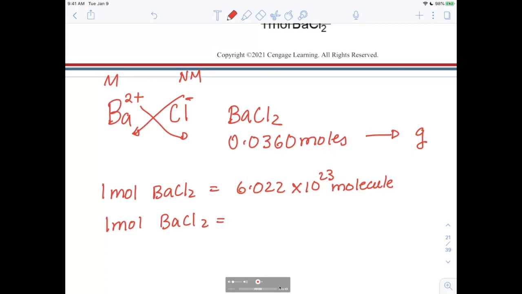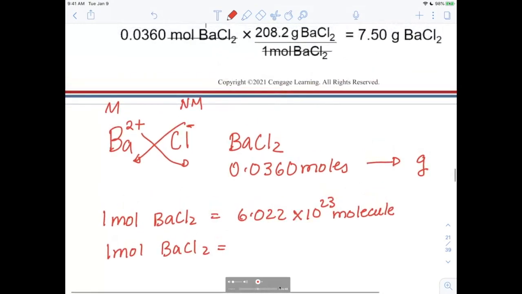So let me go ahead and figure out the molar mass of barium chloride. 137.33 plus 35.453 plus 35.453. Okay, so I end up with 208.2 grams of barium chloride.